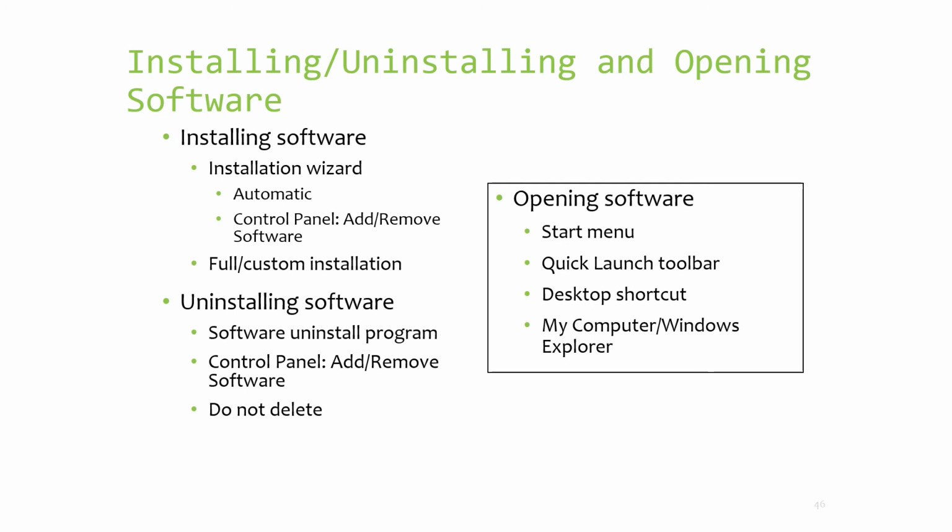Most software programs load a series of files into the registry and system locations to support their operation. When uninstalling, all of these files need to be removed, and the only good way to do this is through the uninstall utility.